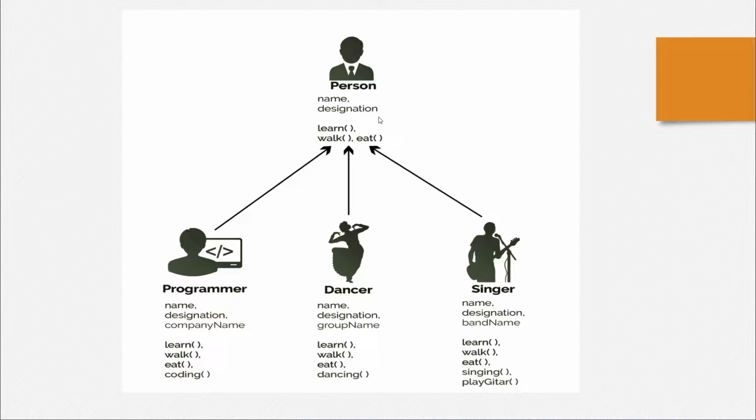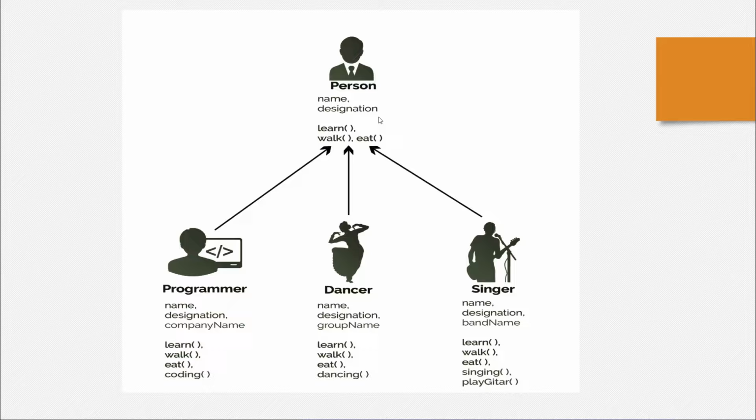Then there are the same functions as learn, walk and eat, as the person has. And a dancer can dance, while a programmer can't dance, so it is not his feature. A dancer can dance, it is her feature.